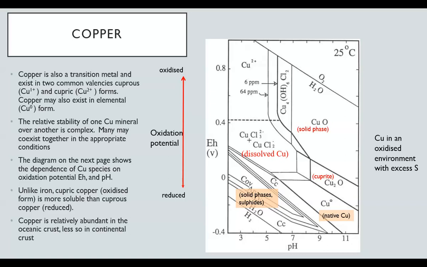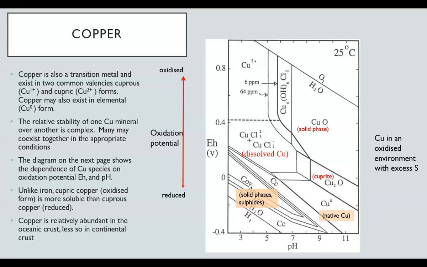So oxidized versus reduced. So we can have it as 2+ in the oxidized environment, and then it gets more complicated down this way. In high pH, we can get native copper, and low pH, we can get it as covellite, or in other solid phases and sulfides.